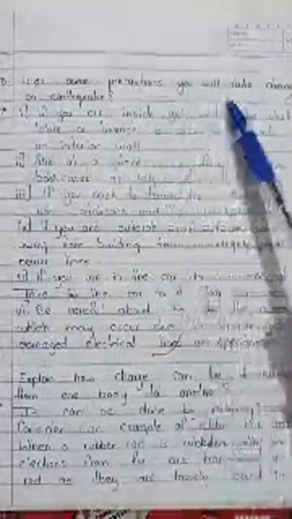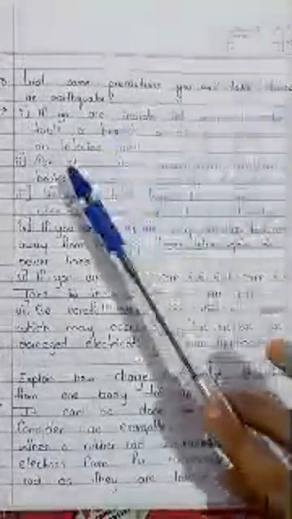8. List some precautions you will take during an earthquake. First, if you are inside, get under a desk, table or bench, or sit down against an interior wall. Second, stay away from windows, bookshelves or tall heavy furniture. Third, if you wish to leave the building, use stairs and not the lift or elevator.